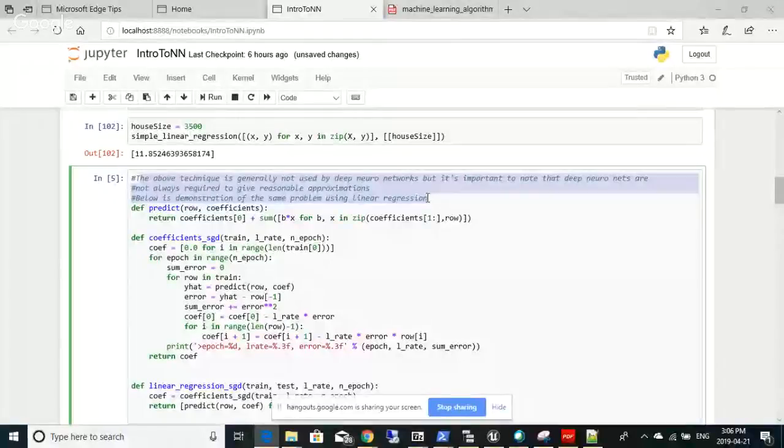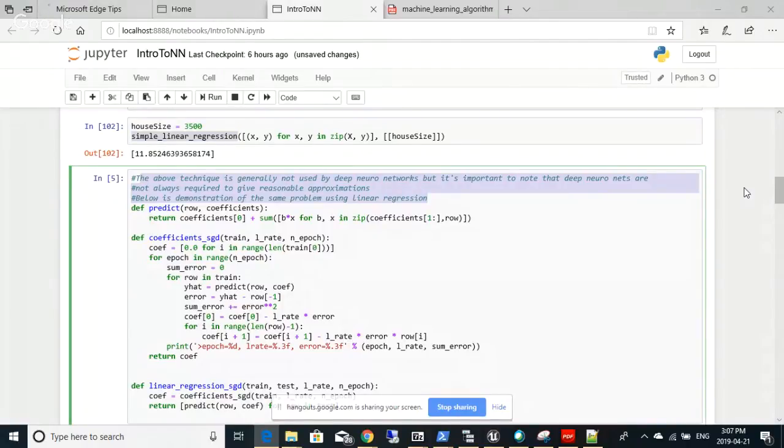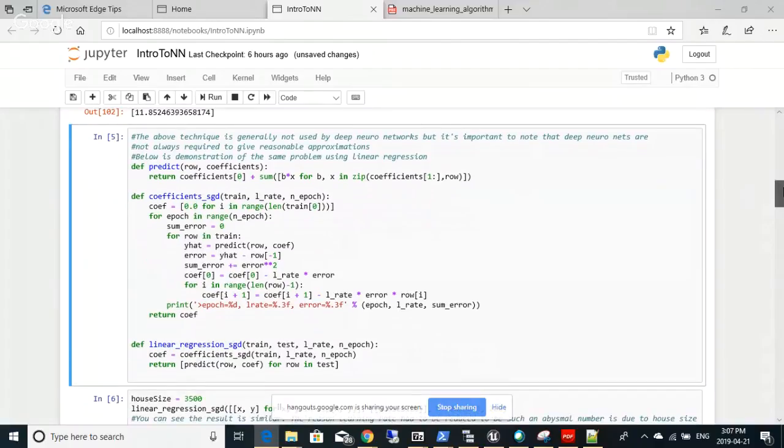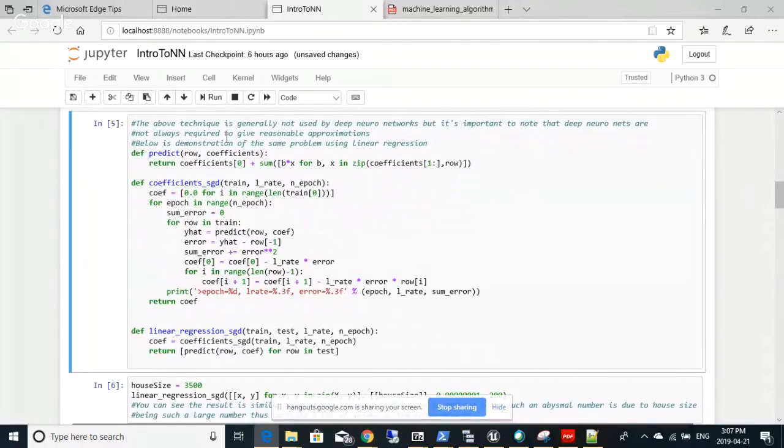So this technique, which is a very simple estimation based on statistical equations, is not going to be used by neural networks. But it's good to mention that you don't always need deep neural nets for every problem. Actually, you will see later on that this is a better approximation than if you had done it using stochastic gradient descent. So this is the stochastic gradient descent way of doing it.